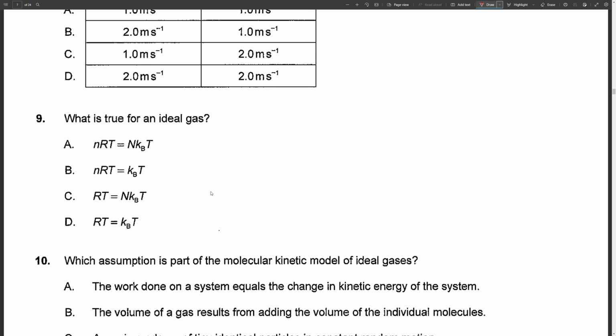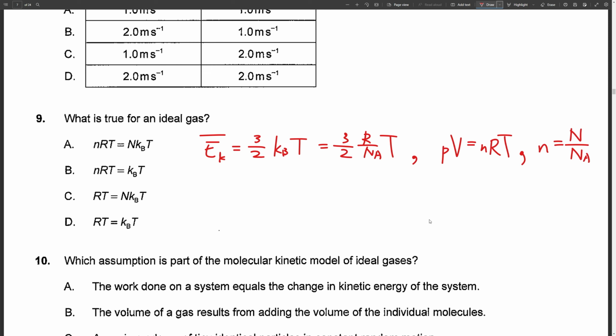In question 9, you are going to manipulate some equations given in your formula sheets in order to deduce a correct relationship between these symbols. And the formulae being provided are as follows. All these equations you can see here obey the ideal gas law. And you can see that kB is identical to R over NA.